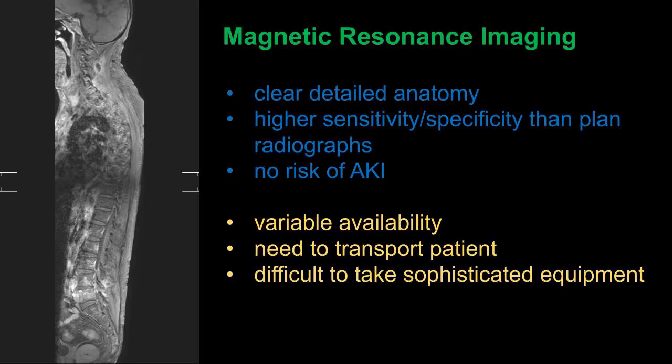There is sometimes a risk of AKI, but usually not if you select the right contrast to use. But one of the problems, similar to CT, is that it's not readily available. You sometimes need to wait quite a few days to get the MRI, or it may not even be available in low resource settings. You need to transport the patient to the radiology suite, unlike a portable X-ray, which you can have on the spot.